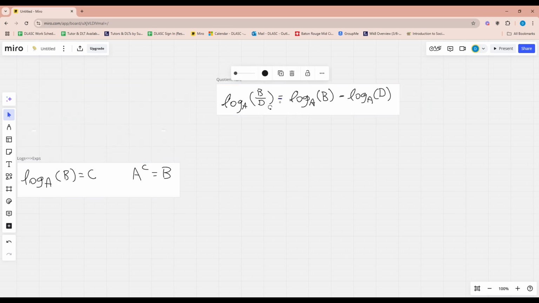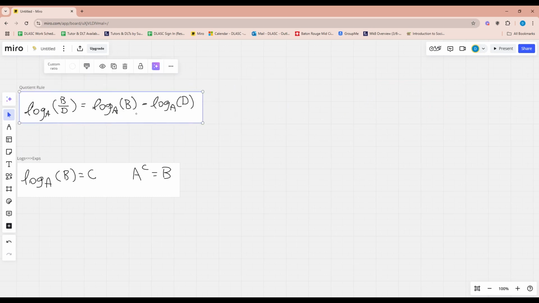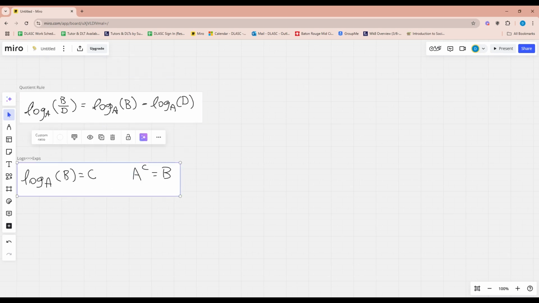Just like with our product rule, we're going to need two separate expressions. I'm going to use the exact same expressions that I used before for the product rule, so that we can stay consistent.